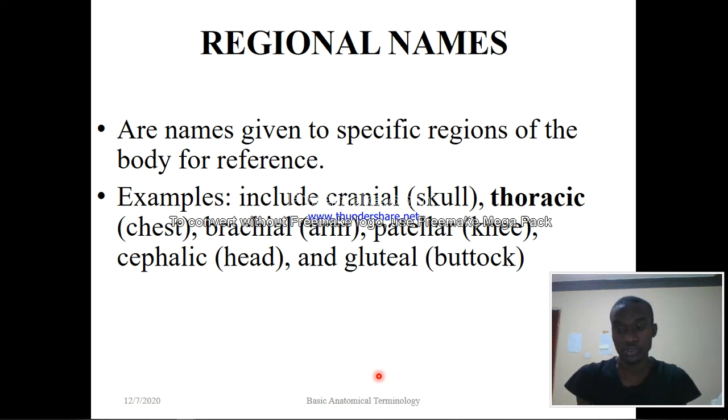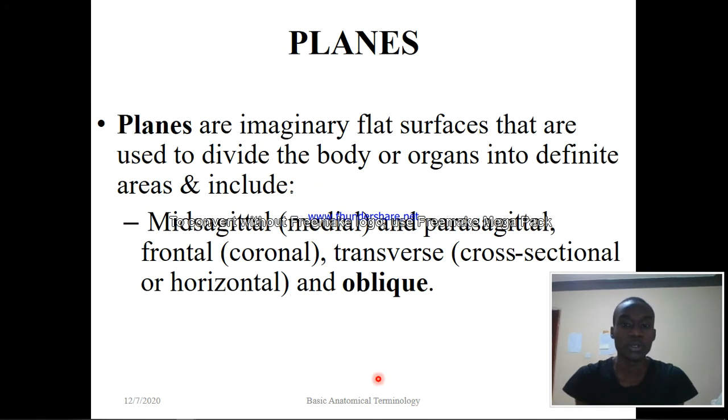And the buttocks region is the gluteal region in its anatomical sense. Those are the regional names. These names are given to specific body areas or locations so that we refer to those locations in the same way.